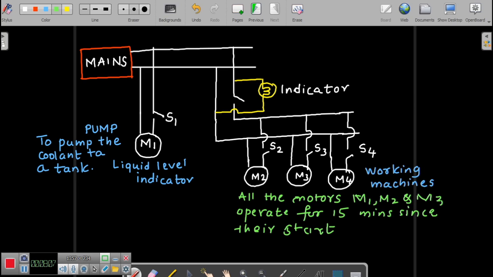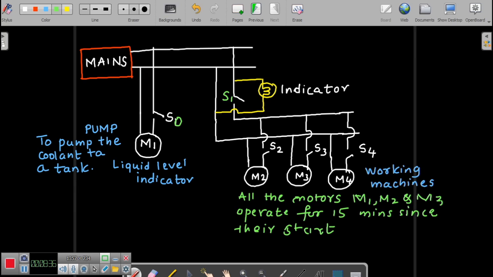One second, there is one more switch here. Let me call this S0 here. This will be S1, then S2, S3, S4. Okay, so you have got five different switches here: S0, S1, S2, S3, and S4. The operation is something like this. When you turn on the mains, of course, with S0 and S1 in the off position, the mains will be turned on.